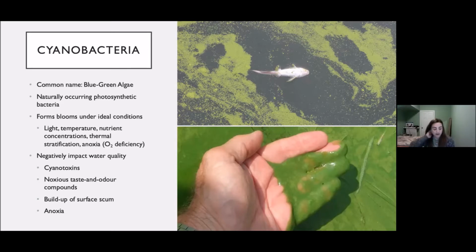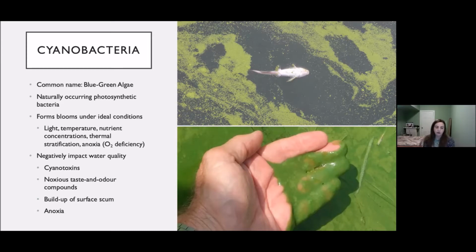They have been increasing in frequency and severity globally, as well as in Canada. Places like Lake Erie, Lake of the Woods, Lake Winnipeg, and Lake Champlain are all water bodies experiencing cyanobacteria blooms. Blooms are a problem because they can produce cyanotoxins, which in high enough concentrations are poisonous.